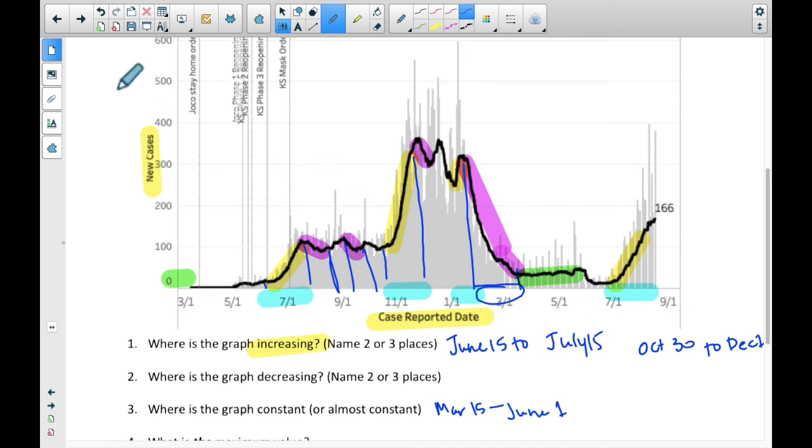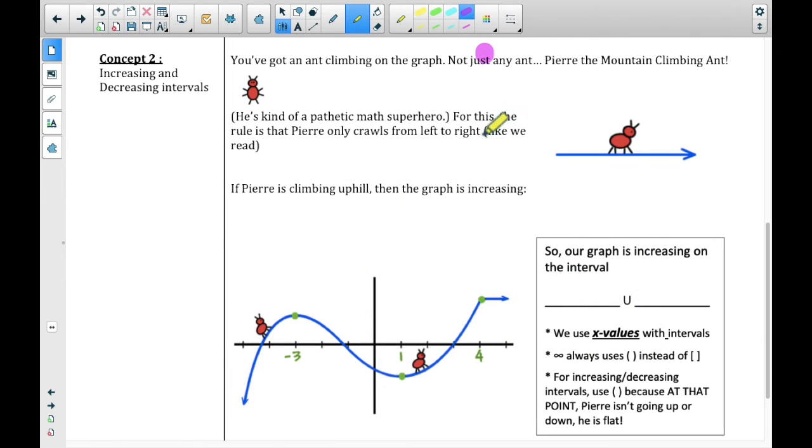All right, let's go back to our notes. When they talk about this on Cool Math, they use this little ant, Pierre. Pierre is the mountain climbing ant. He's climbing uphill, he's climbing downhill, or he's going flat. And in fact, let's take a second to talk about that flat for just a minute.